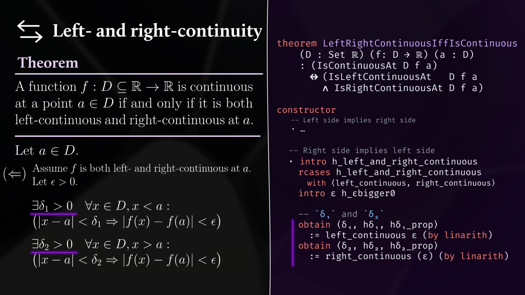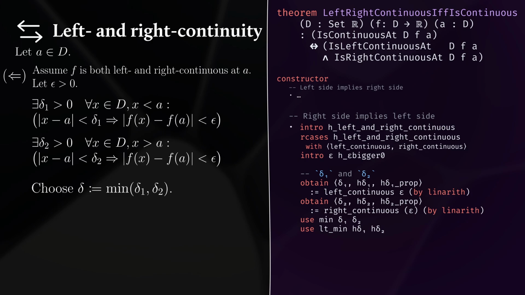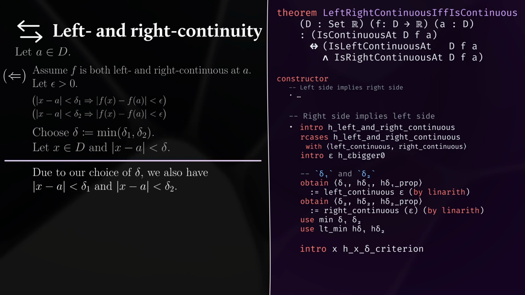Next, we choose our delta to be the minimum of delta 1 and delta 2, and you will see why in a minute. Then again, we introduce x and assume that x is less than delta away from a. And now, due to our choice of delta, we also know that the absolute value of x minus a is smaller than delta 1, and it's also smaller than delta 2, because delta was chosen as the minimum of delta 1 and delta 2.